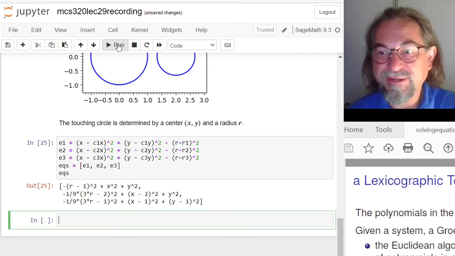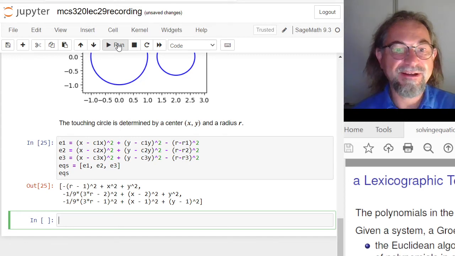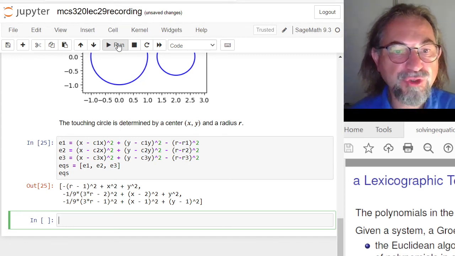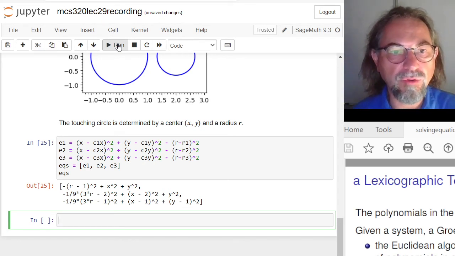Okay, great. We are almost half an hour into this lecture, and here I have our first polynomial system. So we have 3 equations in 3 unknowns.